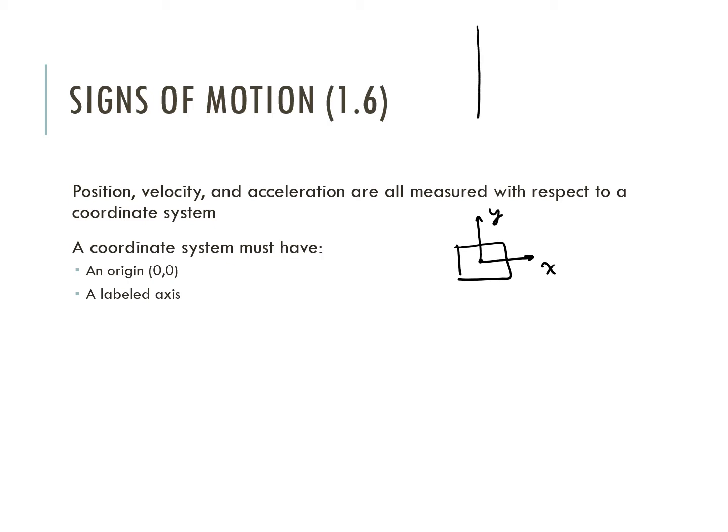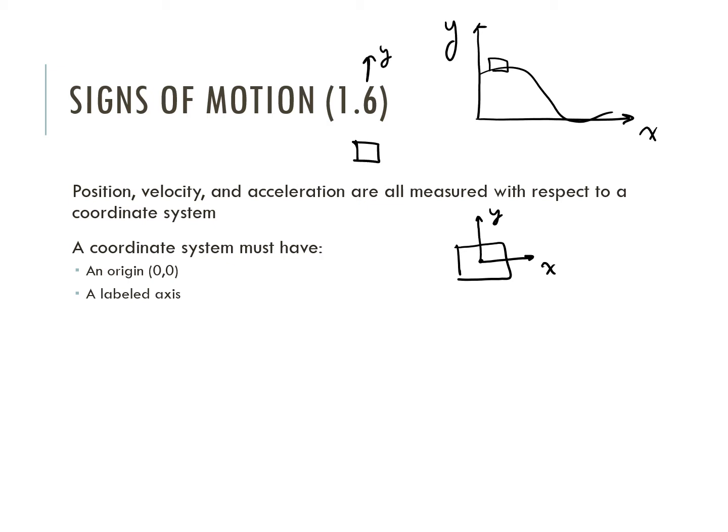Another thing, and this is the way that I usually do it, is I draw my x and y coordinate system, so it indicates where my origin is, and then maybe I draw my object on top of it. The third way in which we can indicate a coordinate system is we have our object.